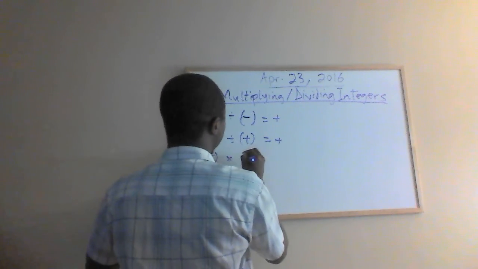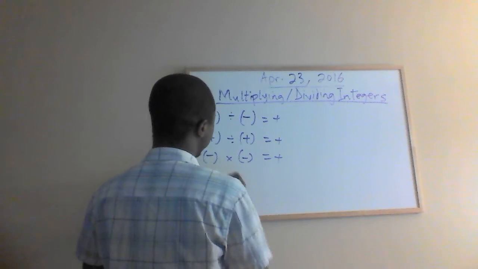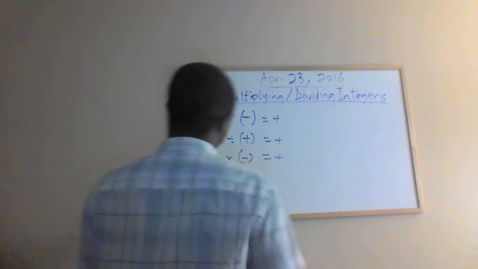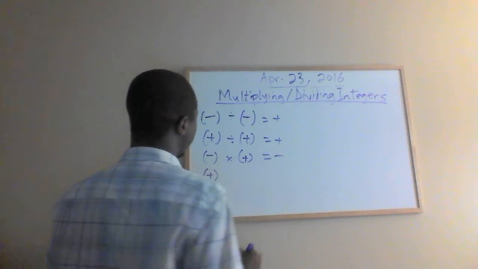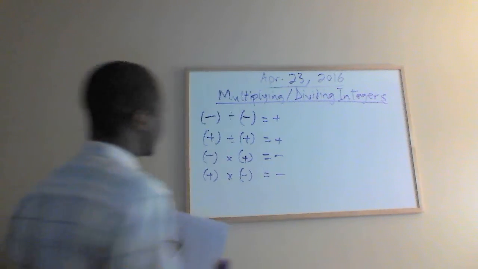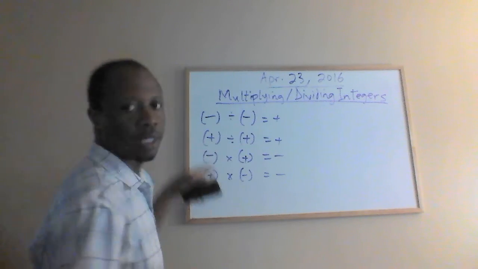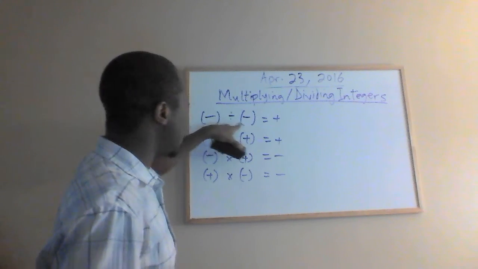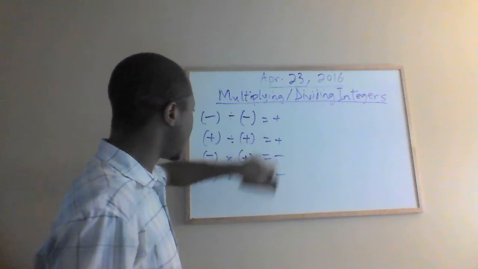Negative times negative will be positive, and positive times positive is positive. Negative times positive is negative, and positive times negative is negative.